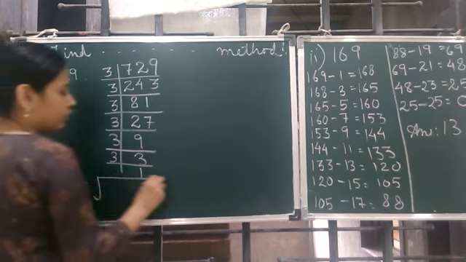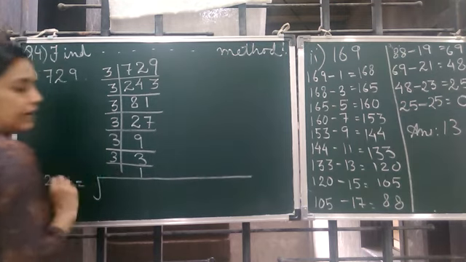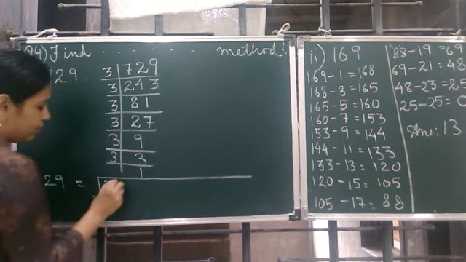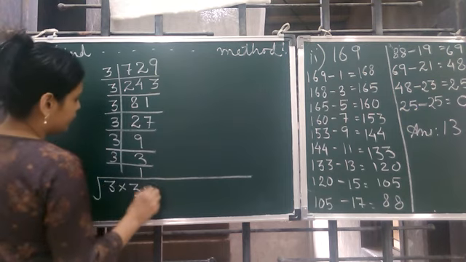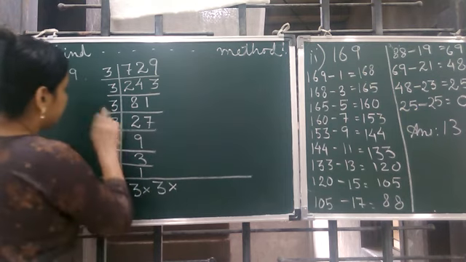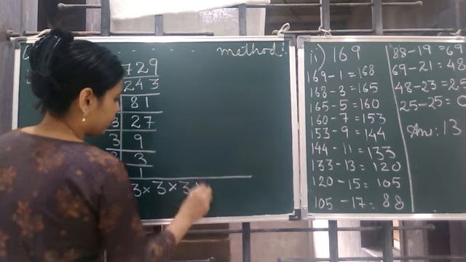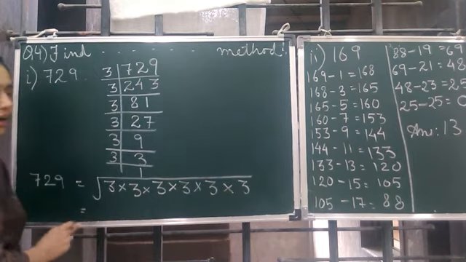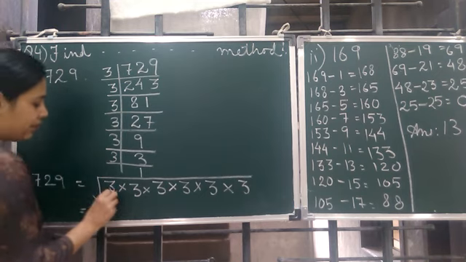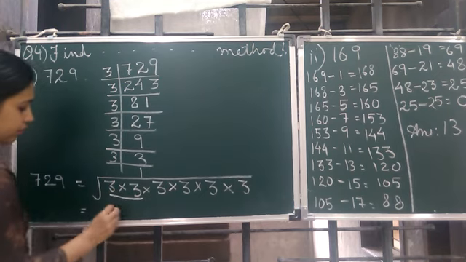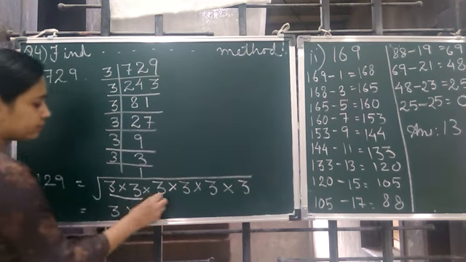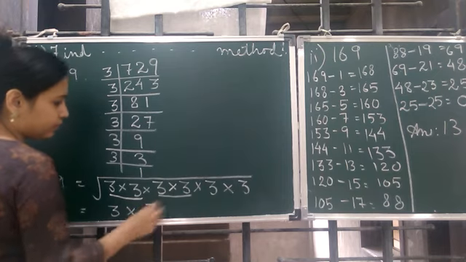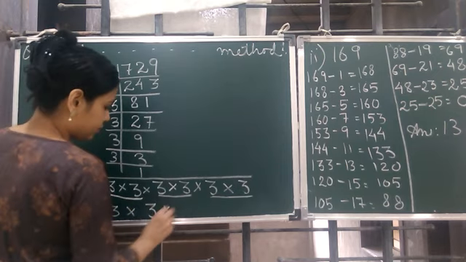So they all will go under root: 3 into 3 into 3 into 3 into 3 into 3. Now we'll take out the pairs, the pairs come out which have partners. This comes out, this comes out, this comes out.